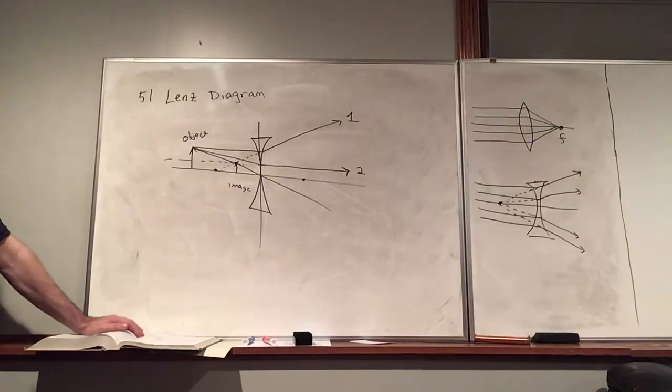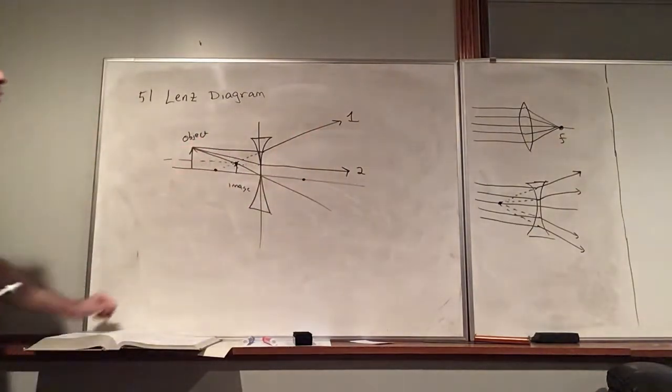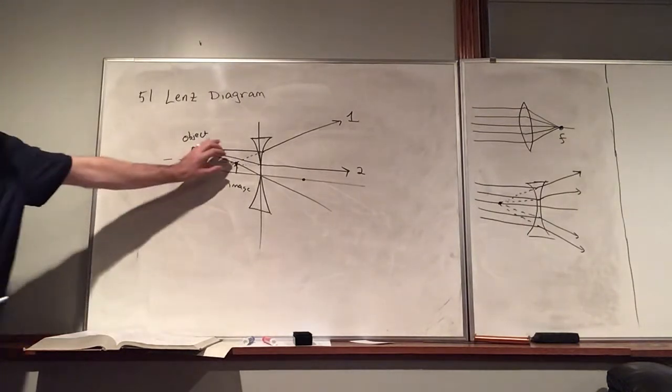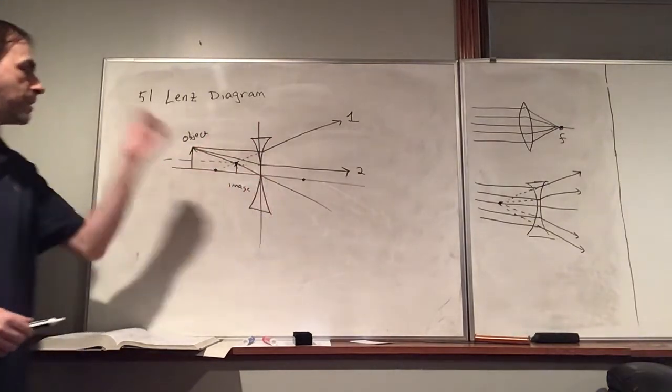Now, as a final thing, in this case, we're looking at it from over here. So yeah, you'd see a little upright image. Now I'm thinking back, I think that last one would be a magnifying glass if we had a converging lens.